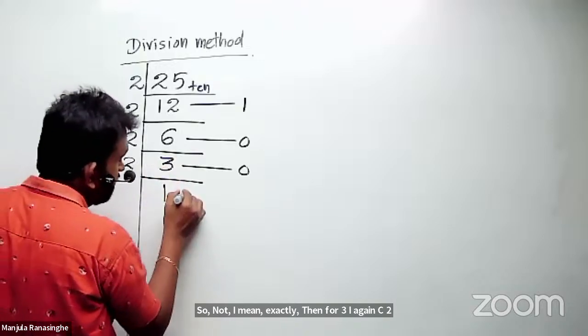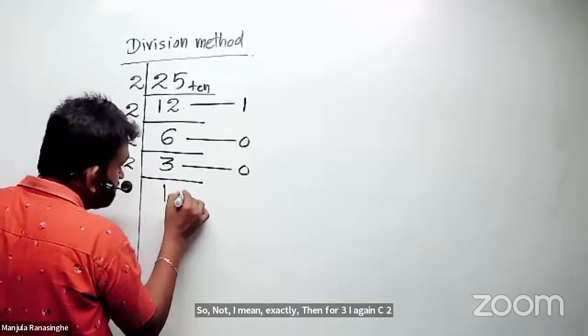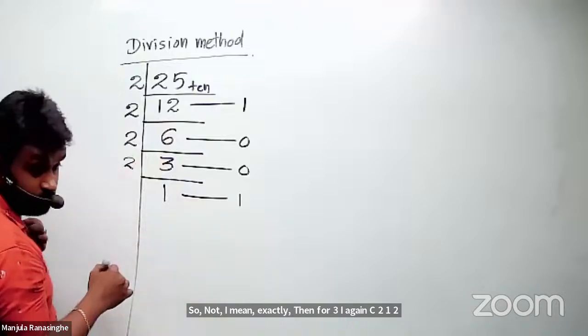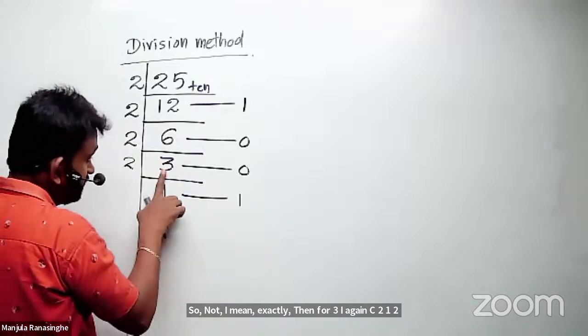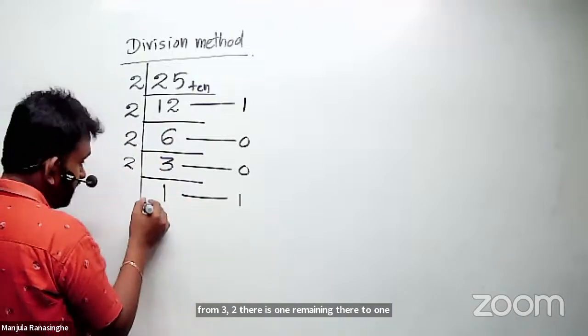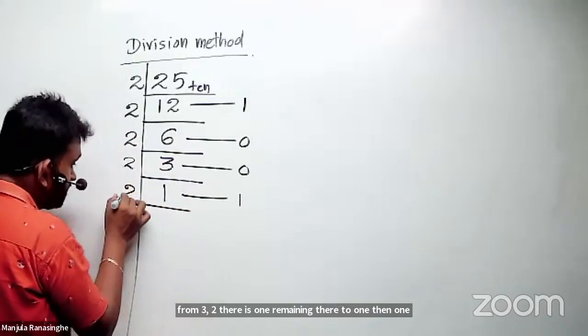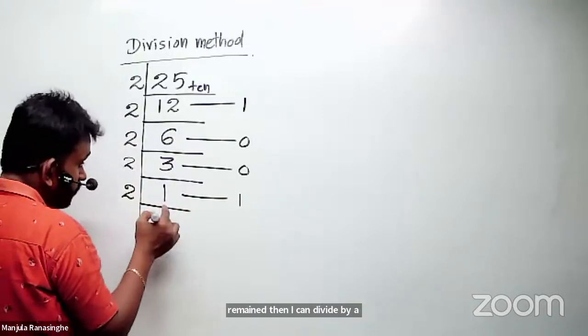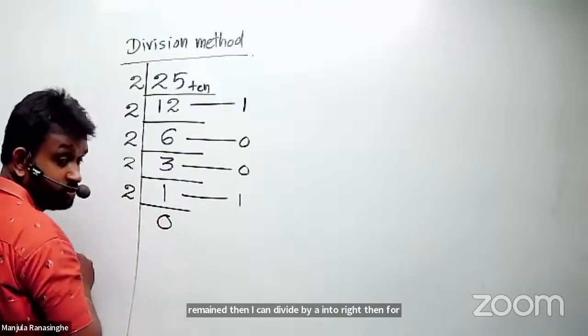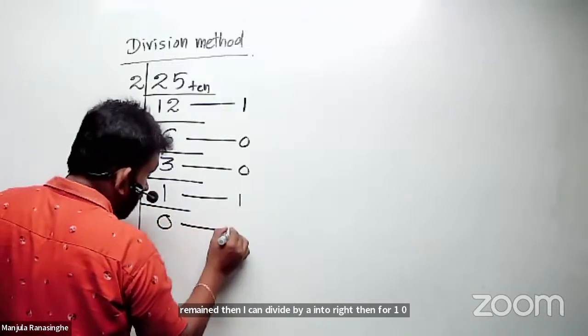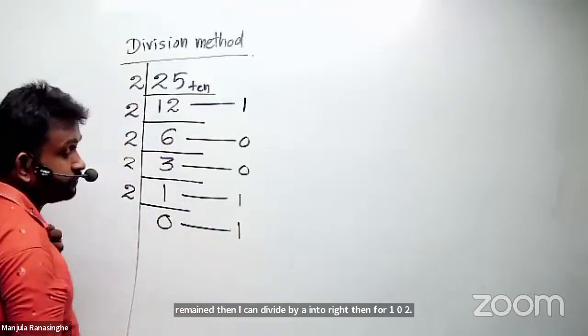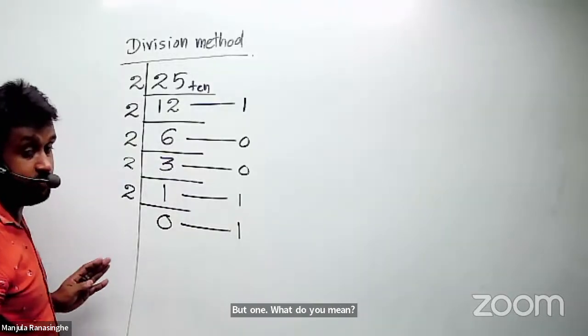From 3 subtract 2, there is 1 remainder. Then I divide again by 2. For 1, 0 twos, but 1 remainder. Okay, this is the division method.